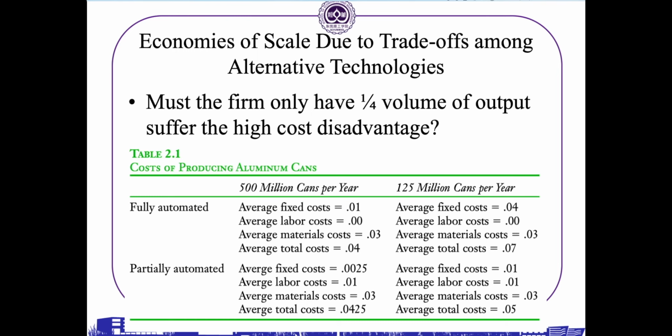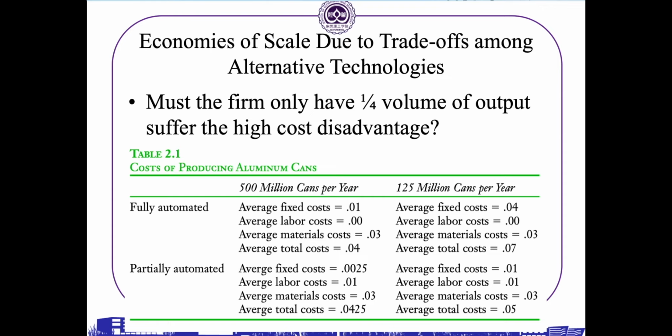Meanwhile, the average cost of partially automated production is 4.25 cents per can. Although the average fixed cost is reduced by 0.75 cents, the emergence of labor cost 1 cent per can makes the average total cost higher in the partial auto plant than in the full auto plant.